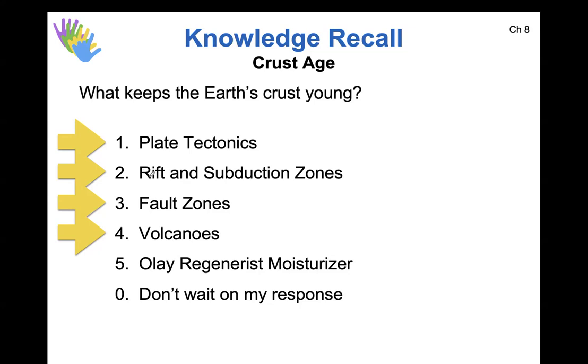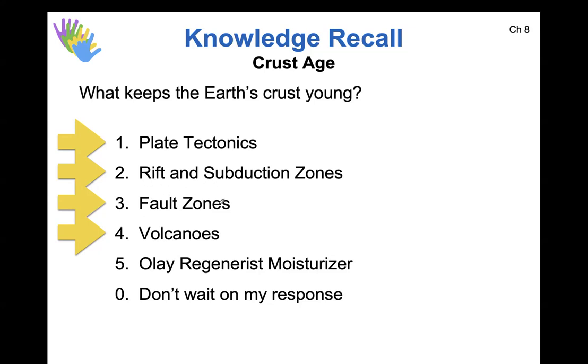So rifts are where the plates are spreading apart and new plates are being created. There's a number of locations on Earth where this is occurring. And subduction zones are where the higher density plates are sliding underneath the lower density plates, usually oceanic plates sliding underneath continental plates, and therefore getting melted only to be recycled and become new plates again in a rift zone.